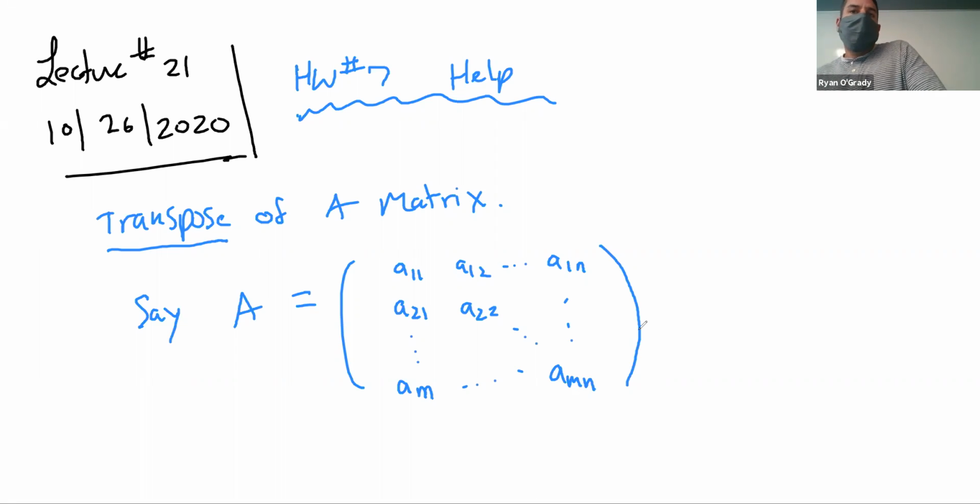So you basically just swap the rows and columns. And so note what this is: this is M by N. M rows, N columns.